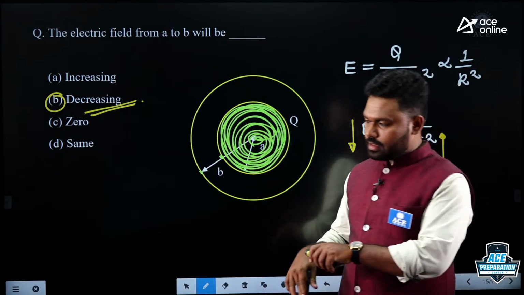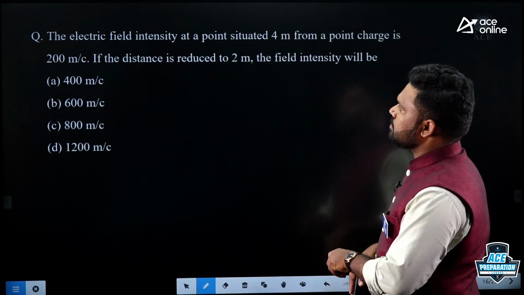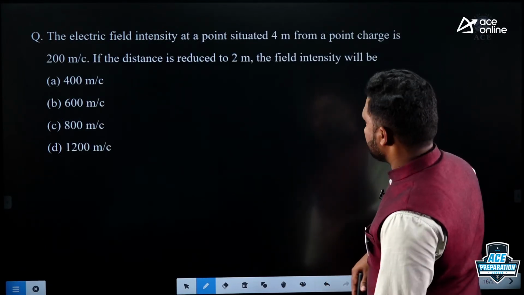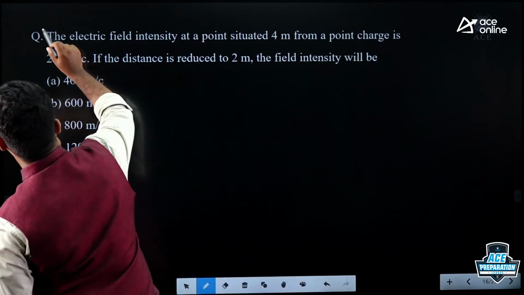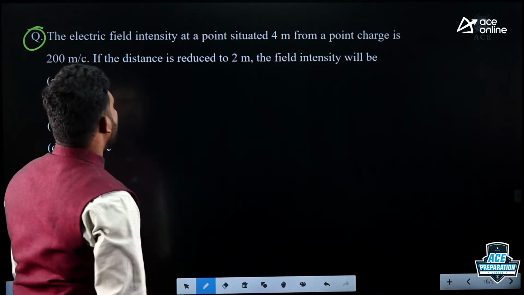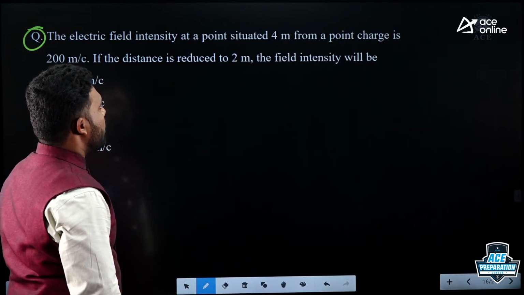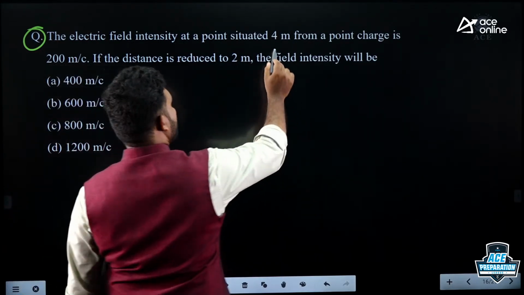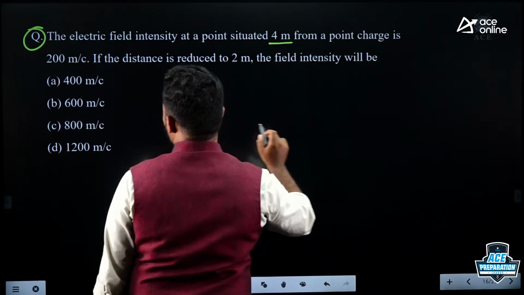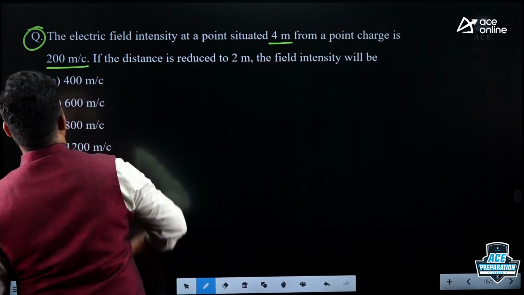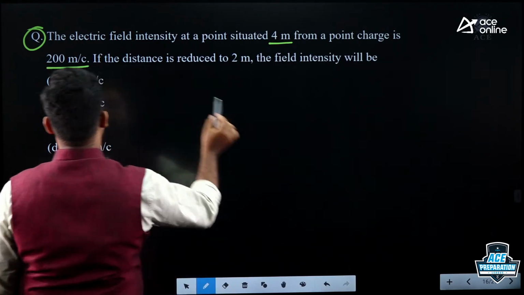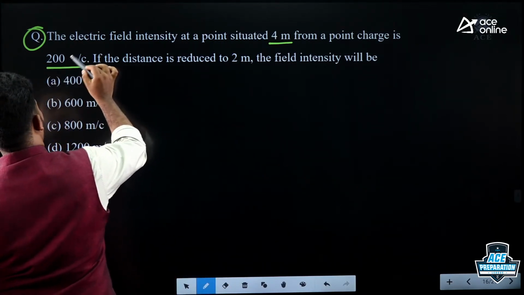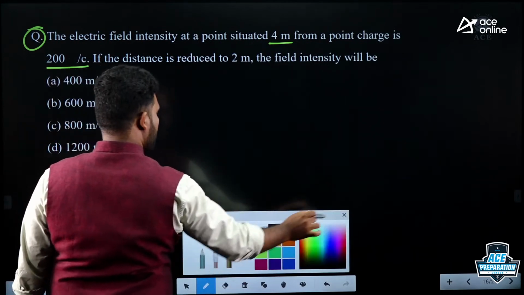Okay, fine. Let us have one more question. Here is a question. Yes, it is a numerical based question. The electric field intensity at a point situated 4 meters from a point charge is 200 Newton per Coulomb.